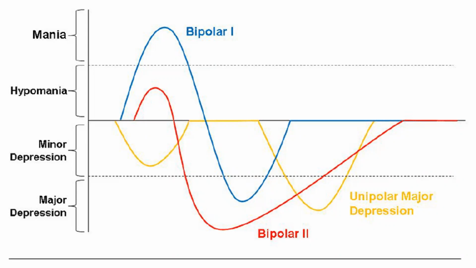Bipolar 2 only goes up to hypomania, but all the way down to that depressive episode, maybe a little longer in that depressive episode. You can see it's lasting quite a long time. And then the unipolar depression is not experiencing mania or hypomania at all. You can imagine normal mood is going to be somewhere in the middle here with some ups and downs.